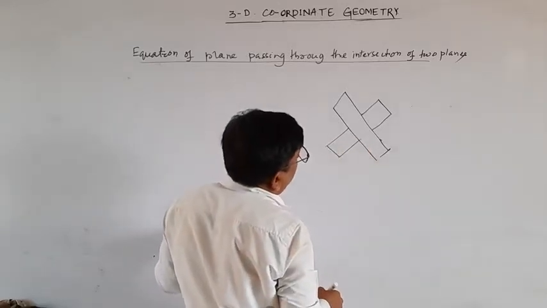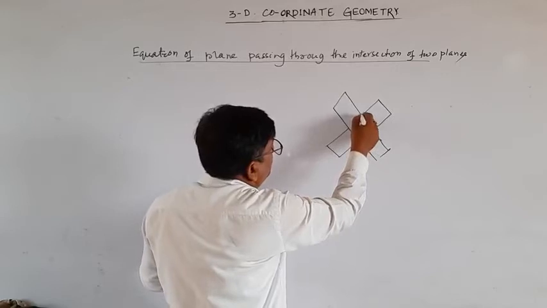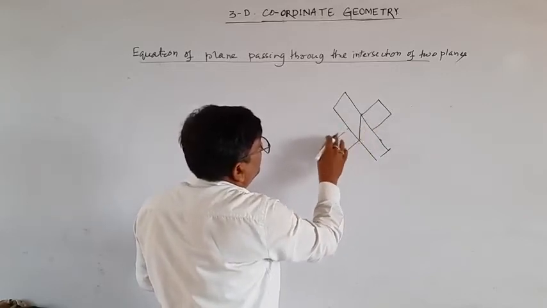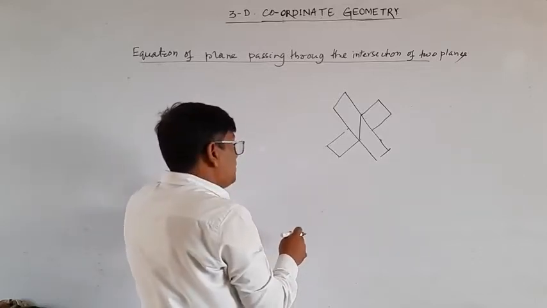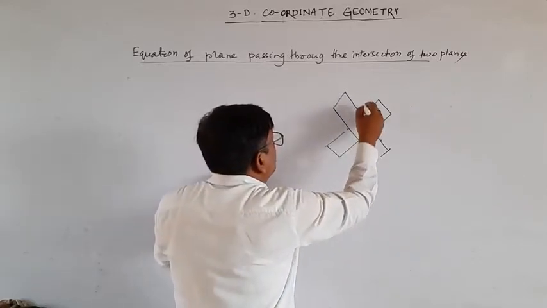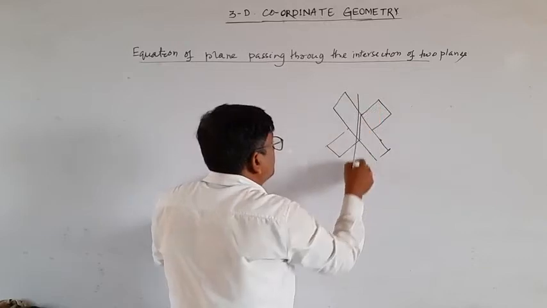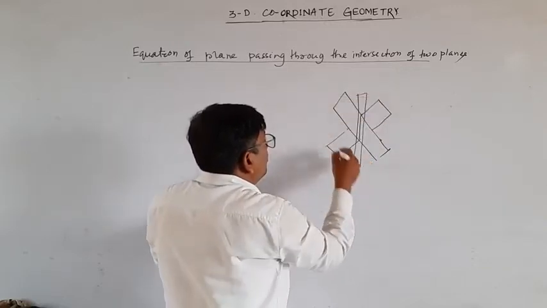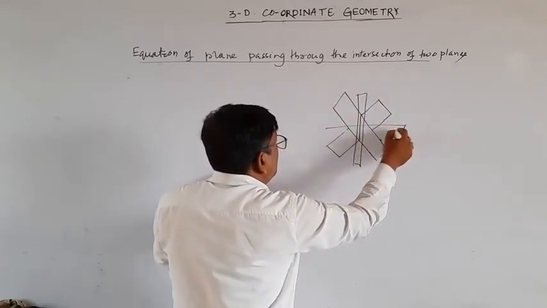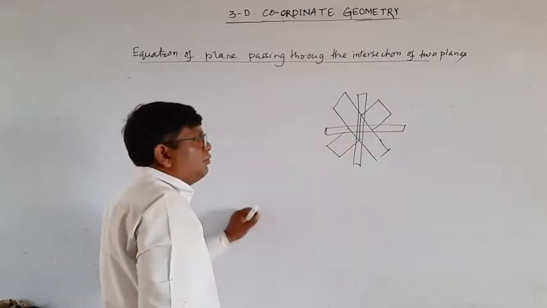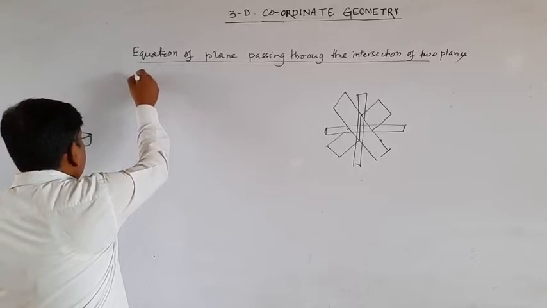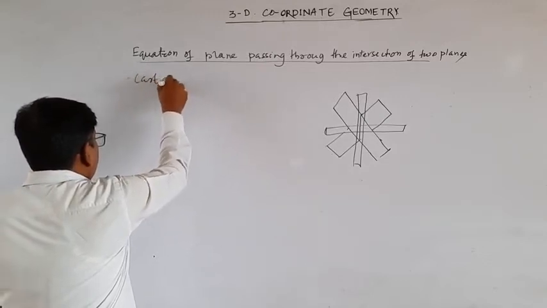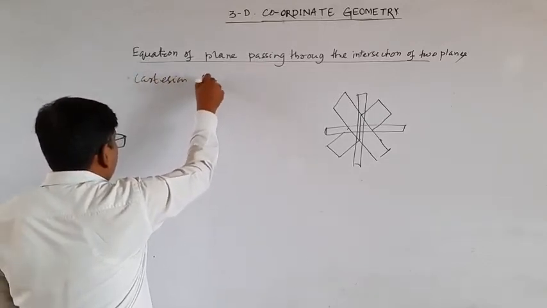So equation of plane passing through this point. Okay, equation of plane passing through this, like this, the plane or this plane, infinite number of planes passing through the point of intersection of two planes. This is Cartesian form.